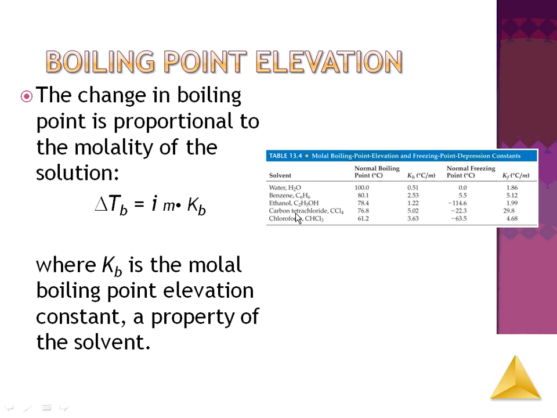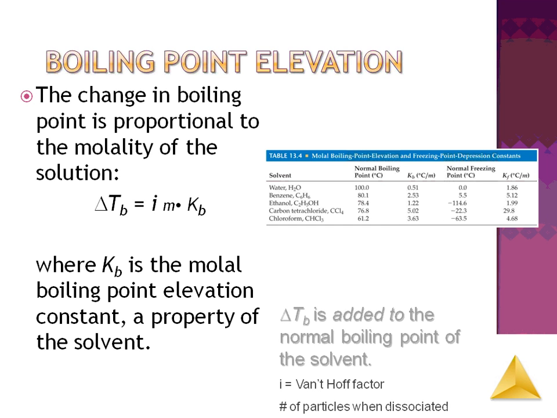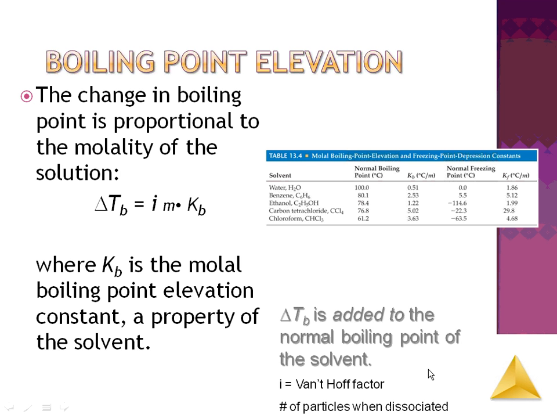Again, this is all set up for the solvent because it'd be the solvent that is actually doing the freezing. We have our little m here that stands for molality, and we've worked with that in our past video set. And then we have a new thing here, this i, which is known as the Van't Hoff factor. And the Van't Hoff factor, as it says, is the number of particles that the solute will dissociate into when it's dissolved.